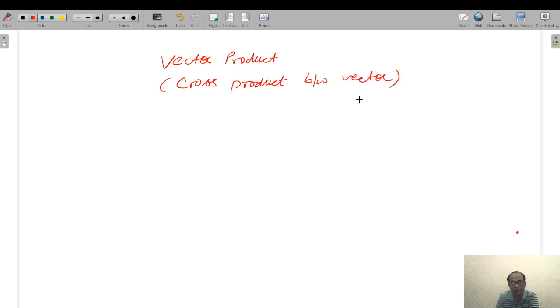So now we'll study the second kind of product in vectors, and that is called the vector product. So now we look at the vector product. This is also called the cross product between two vectors, right? Suppose we have this vector A and this vector B. So the cross product is defined like this, A cross B. Suppose some vector R comes out, because the multiplication will give us another vector.